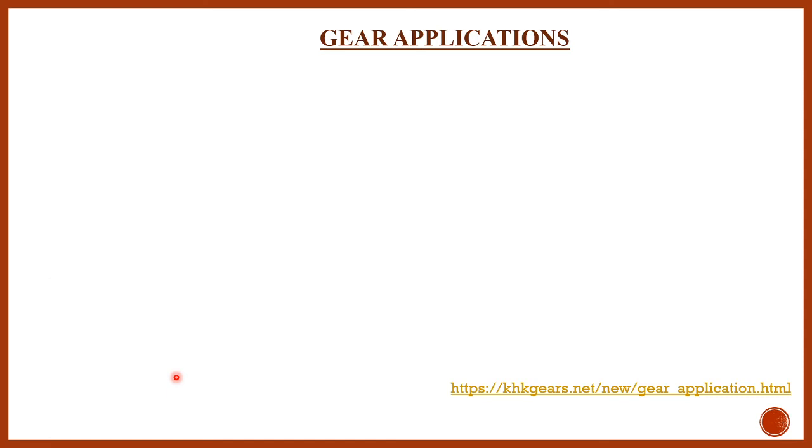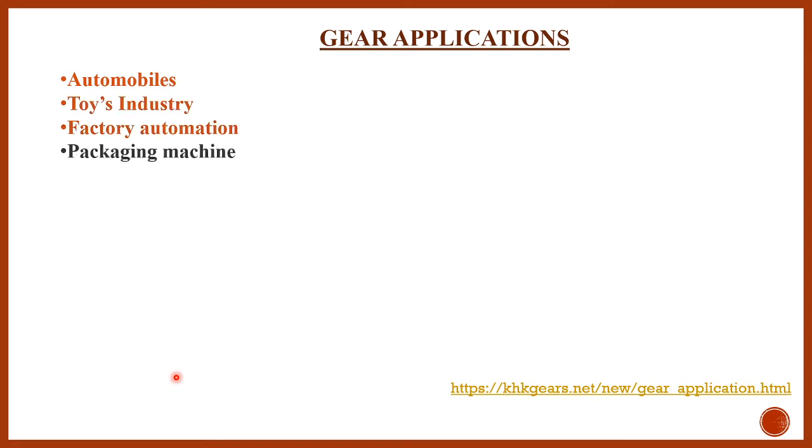Now we'll study the applications of gears in the automobile industry, toy industry, factory automation, packaging industry, industrial robots, and in motors, such as IC, DC, stepper, and servo motors. Everywhere in those motors we use gears.